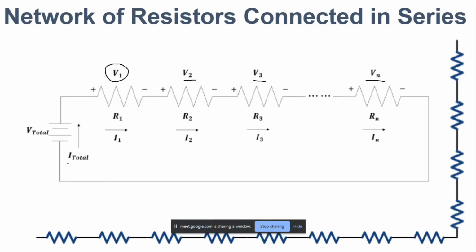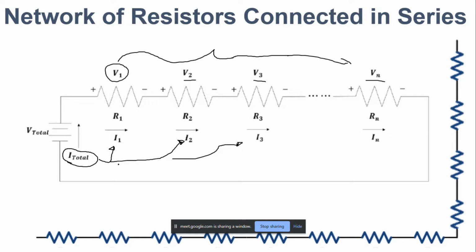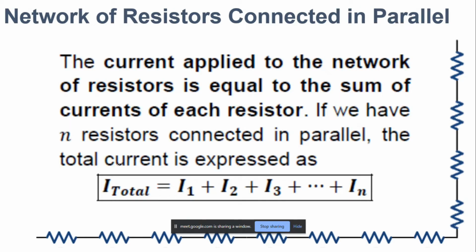But then, kung ano po yung value ni I sub total, yan din po yung value ni I sub 1, ni I sub 2, ni I sub 3, and so on and so forth. So you have to make sure that your total voltage is equal to the summation of all of these voltages. Tandaan po natin yan. So let me proceed my discussion on the network of resistors connected naman in parallel.